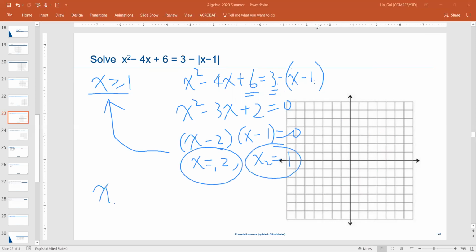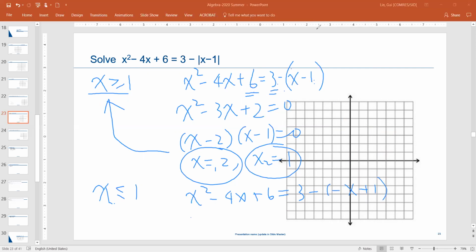So what about when x is less than 1? Less than 1 means what? Here equals 3. Because that one is less than 0, this one became negative.